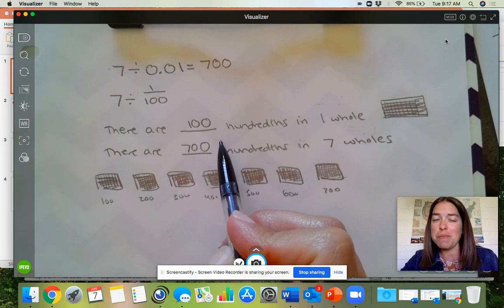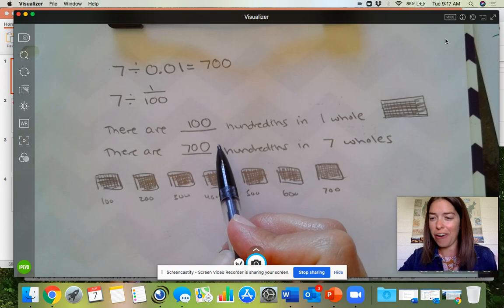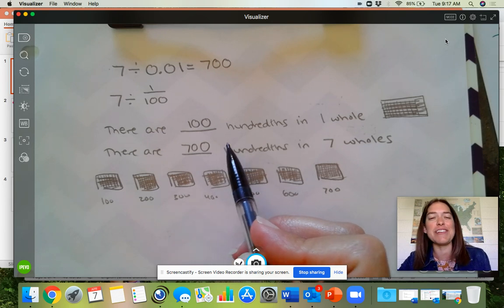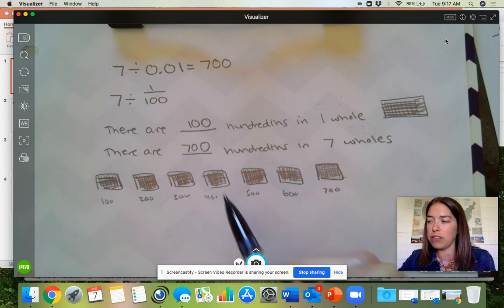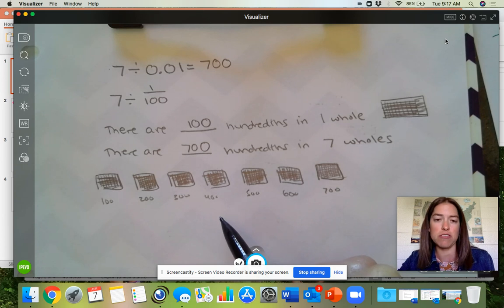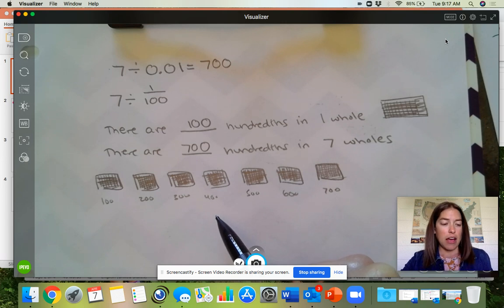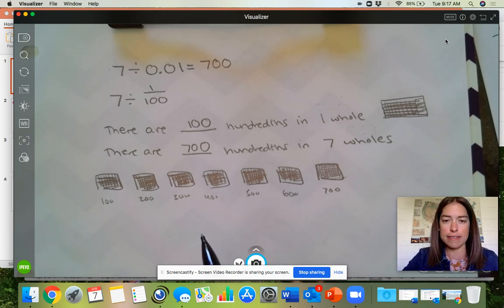Again, some of you may be noticing some patterns about the decimal point, and your minds may already be starting to think about place value and what you know, which is really cool. And we will be learning some even faster ways of dividing these. But right now, we are really focusing on how we can compare this to one whole based on the number of hundredths and tenths that we see. All right, let's keep going.